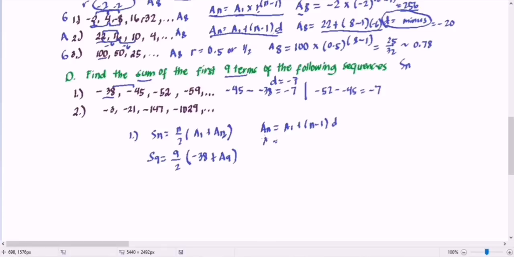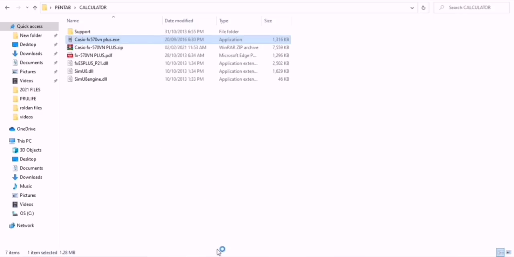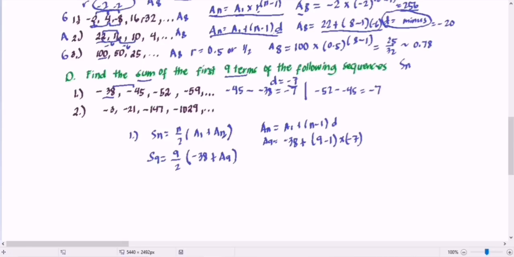So, lagyan natin a sub 9 equals a sub 1. Ang a sub 1 natin ay negative 38, plus yung n natin ay 9 minus 1, times yung common difference natin na negative 7. I-calculate natin ulit para ma-double check natin yung sagot.